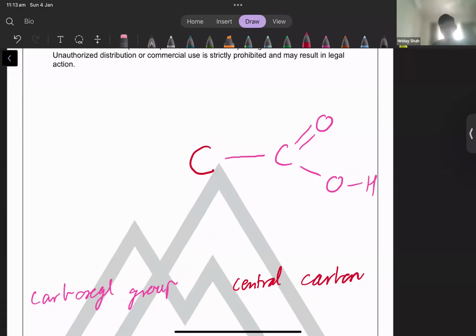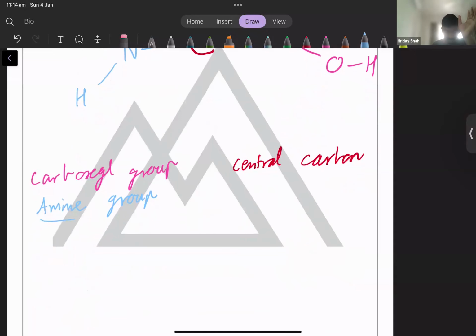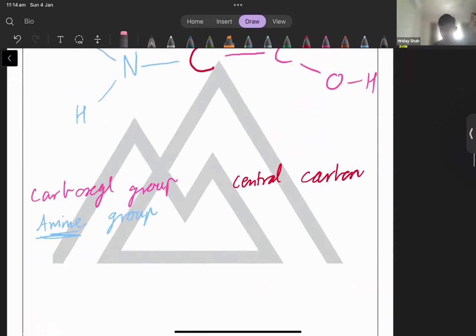To the left of the central carbon, we have our amine group. Amine group is, again, something you need to spell correctly because in chemistry there is also an amide group, but it's a very similar spelling, so for amine it needs to be spelled correctly in bio.